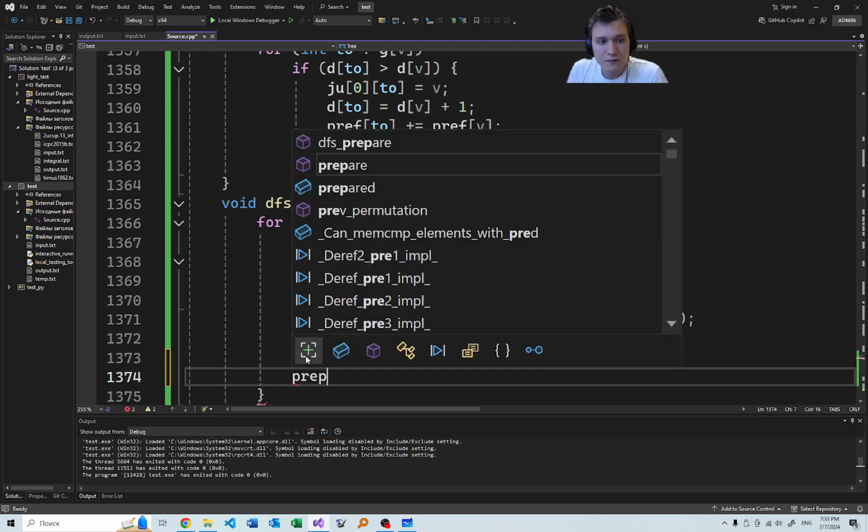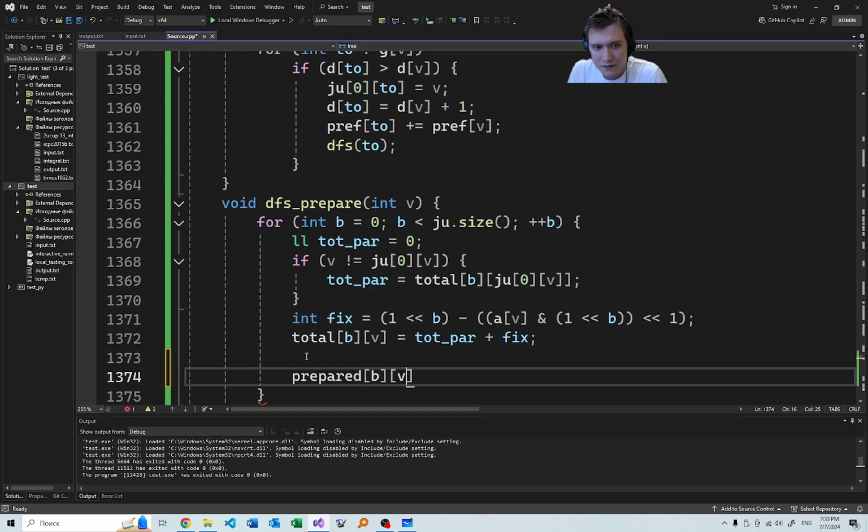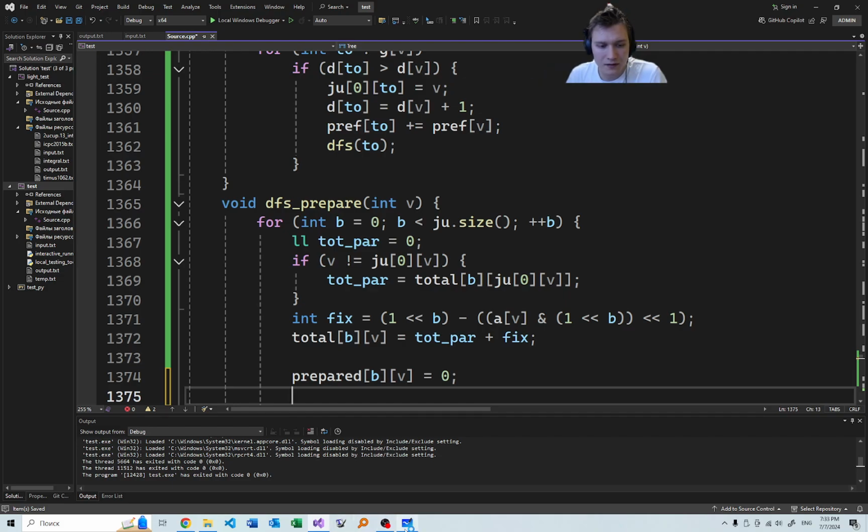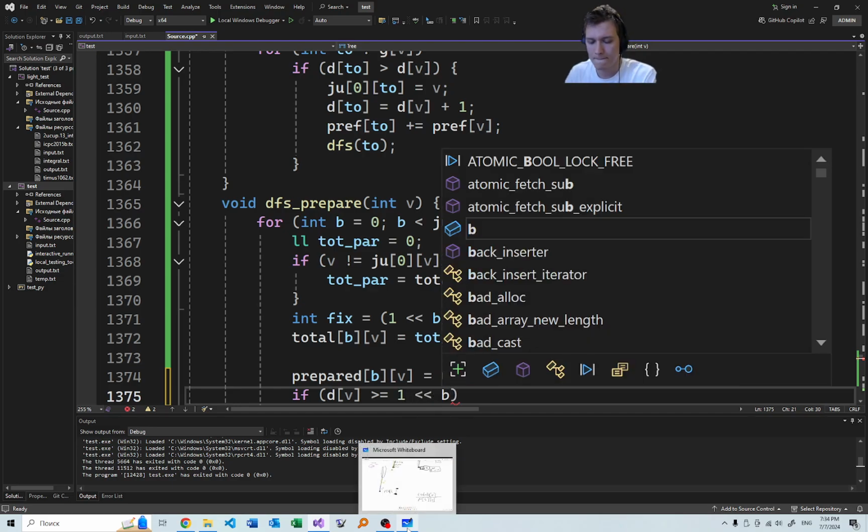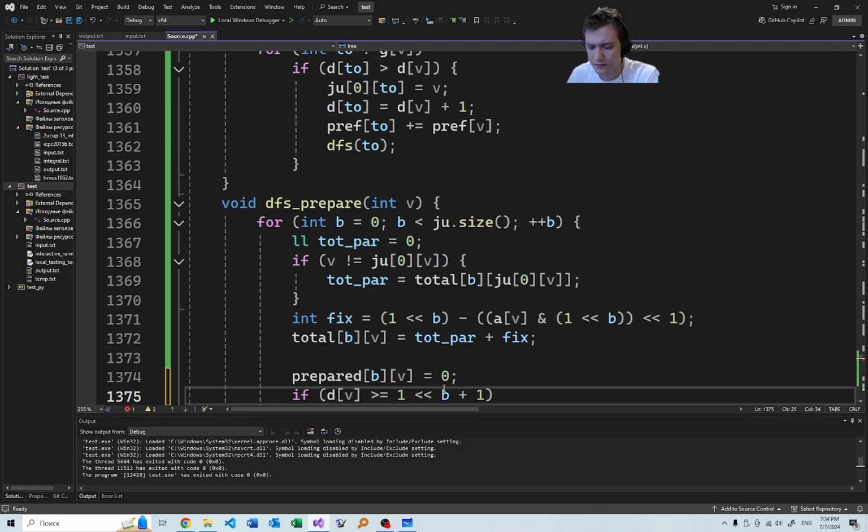So we need to calculate prepared B. So first of all, if the depth of V is at least 2 to the power B plus 1 actually.